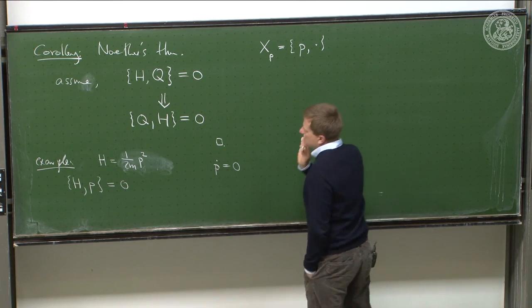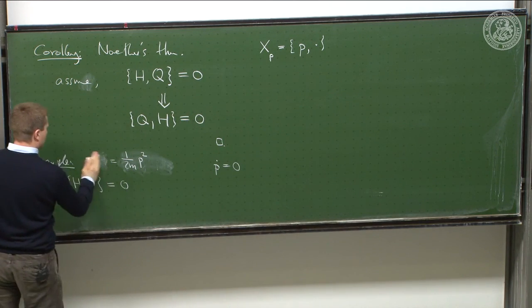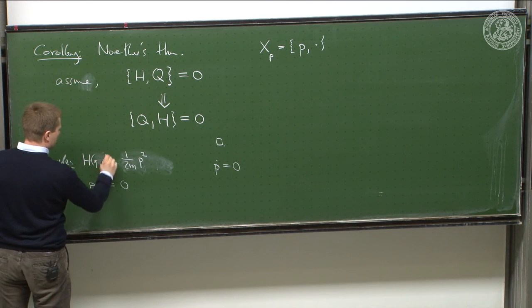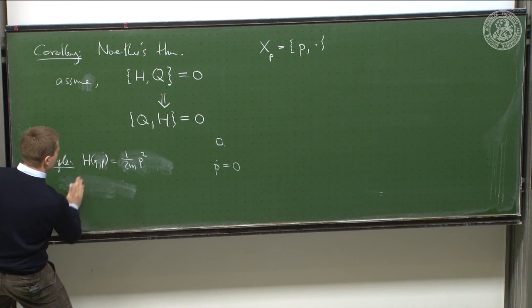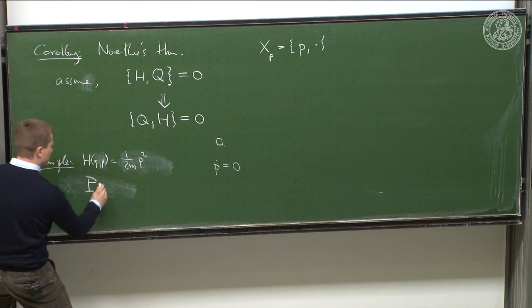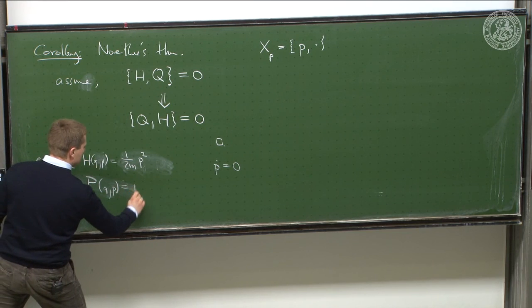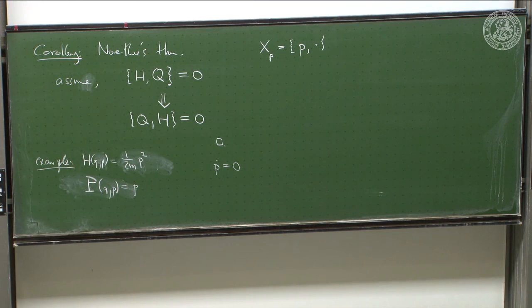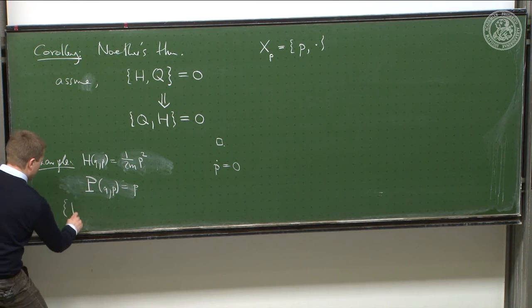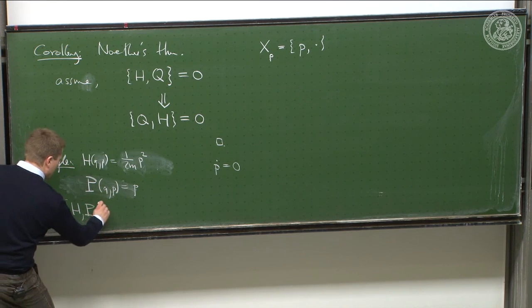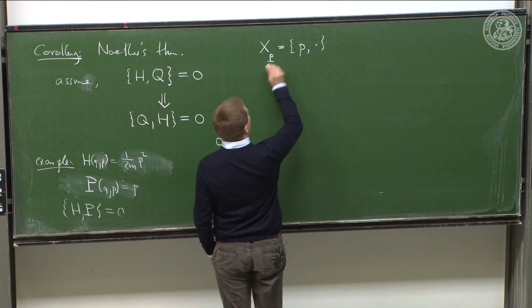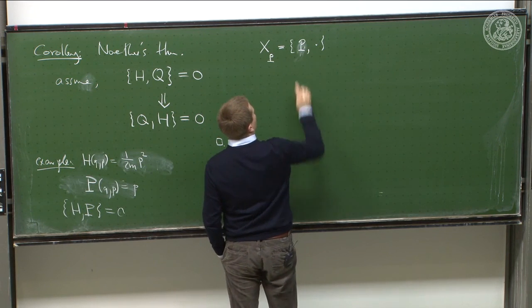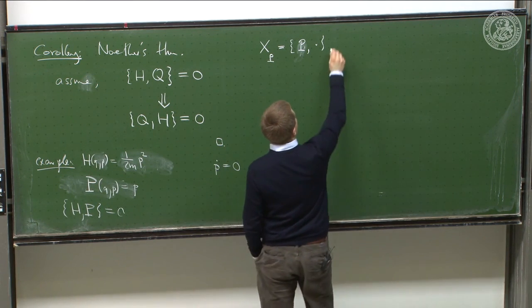Very strictly speaking, the H is a function of the q's and the p's, and I should introduce another observable, capital P, that is a function of the q's and the p's and is defined as the p. Then, formally speaking, I'm allowed to plug them in, but it leads to the same result. So now I take the Hamiltonian vector field with respect to that observable, P here, and you know what it is.